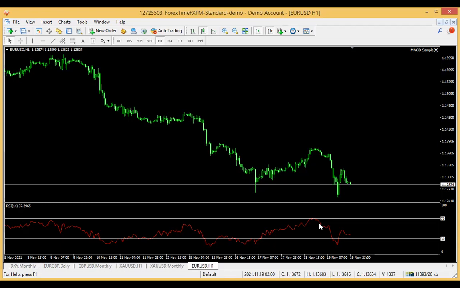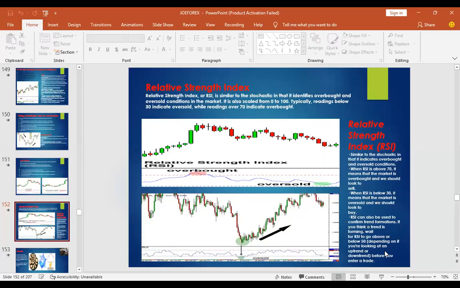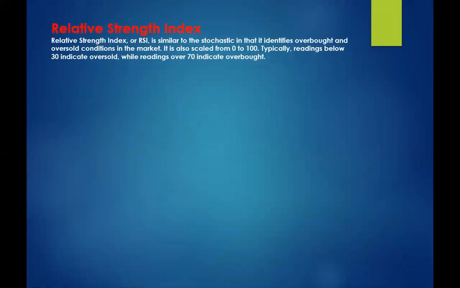But before we continue, let us go to our slide to know what RSI is all about and how we can use it better. So we need to have a definition of what RSI is all about. Relative strength index, or RSI, is similar to the stochastic we have talked about, in that it identifies overbought and oversold conditions in the market.